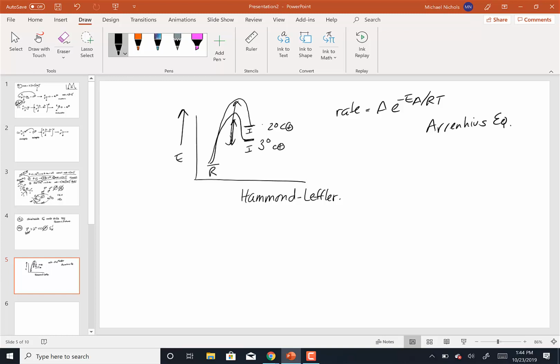And what Hammond's postulate truly says is that the more stable the products, and in this case going from reactant to intermediate, is the intermediate the product? Going from that, the more stable you make the product, the more the transition state looks like the reactants.